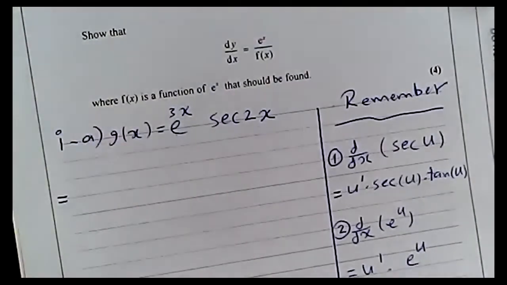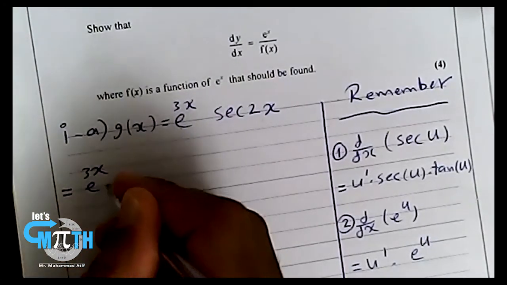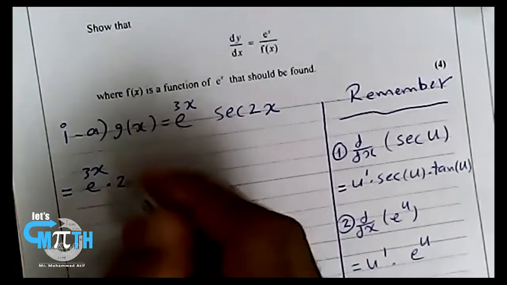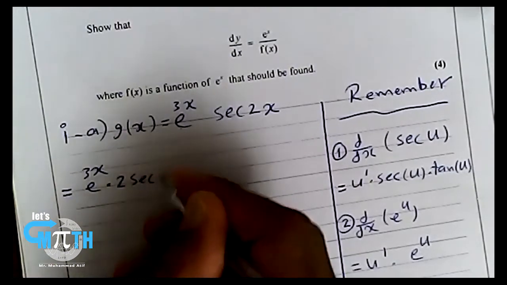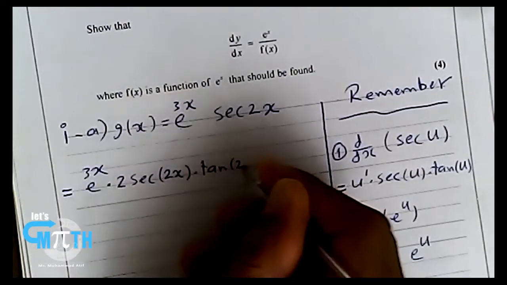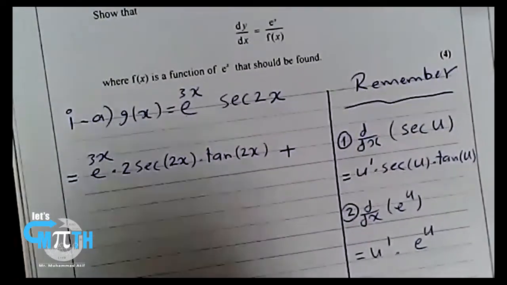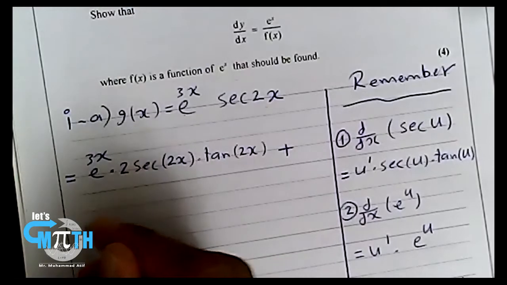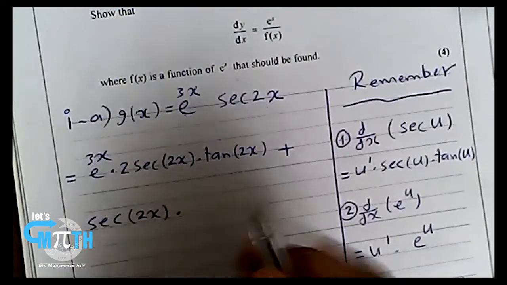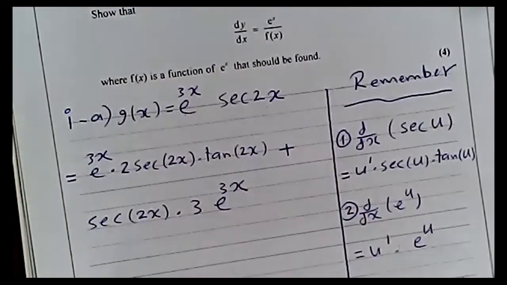That will be equal to the first the same, e power 3x, multiplied by the derivative of sec 2x, that is, as we have just mentioned, 2 sec of 2x times tan of 2x, plus the opposite: we write the second one the same, sec 2x, times the derivative of the first, that is 3e power 3x.